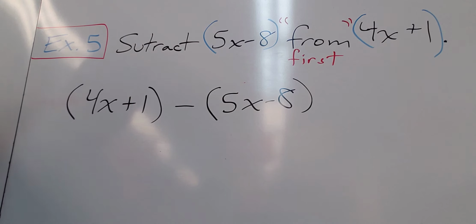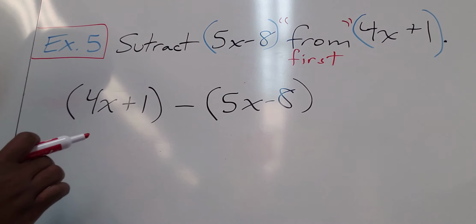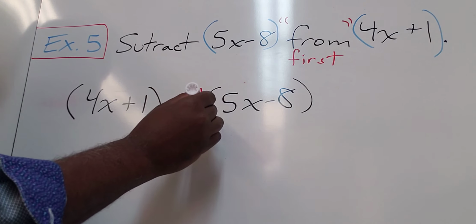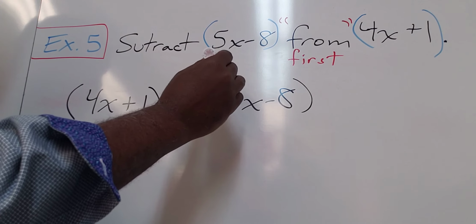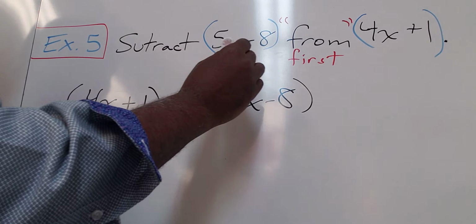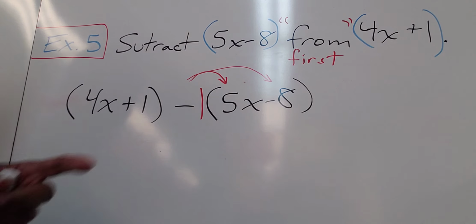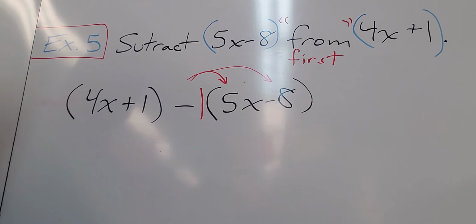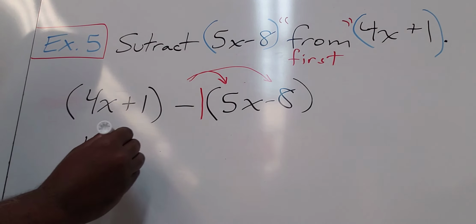The next step from here, when we talked about this negative sign really matters, it makes a huge difference. Though we don't see it, remember if you don't see a number right outside of parentheses, there's a 1. So actually we have a negative 1 being multiplied by the 5x and the negative 8. That negative 1 is going to change the sign of each of those terms in the polynomial following it. So now we have 4x plus 1.